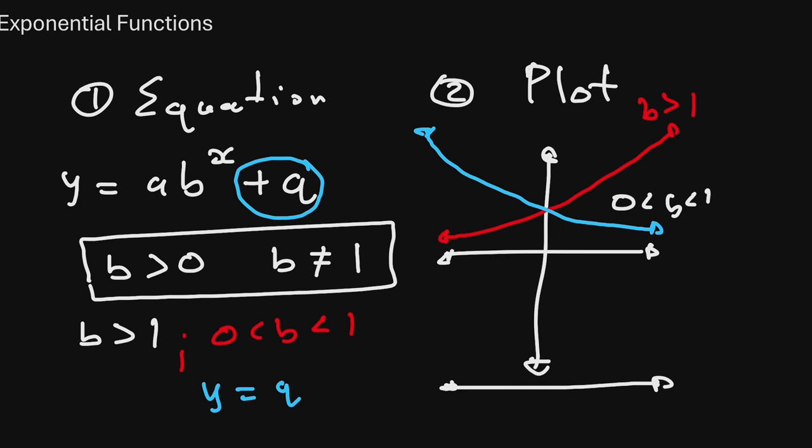Let's say, for example, we have this function to plot: y equals negative 2 to the power of x plus 4.